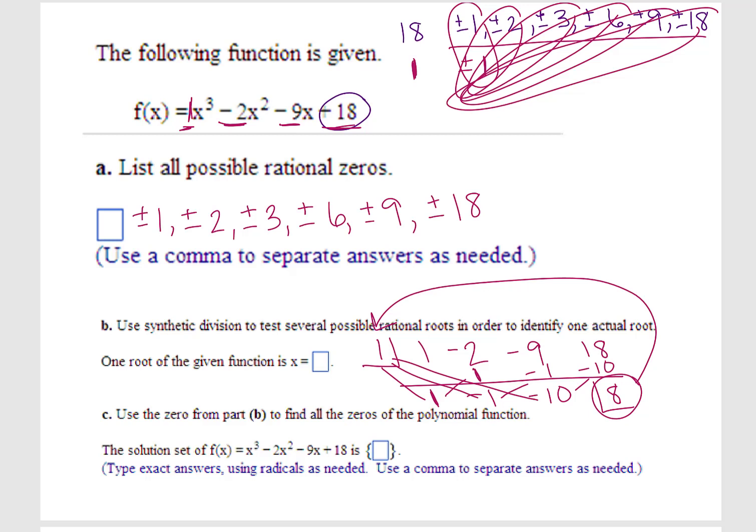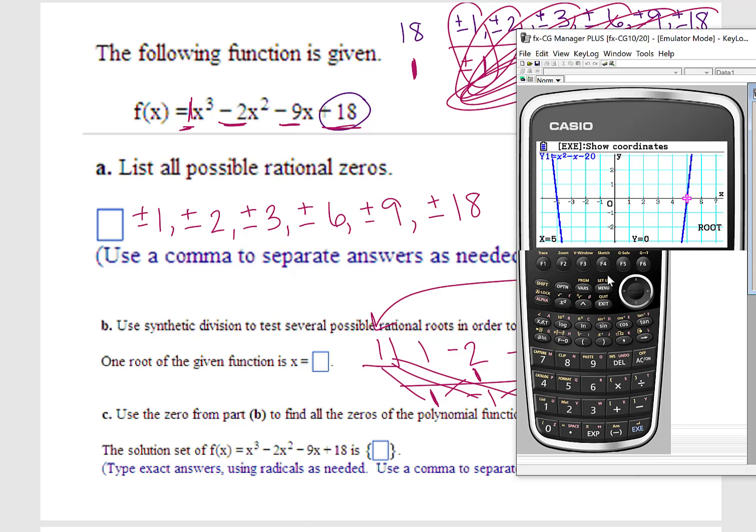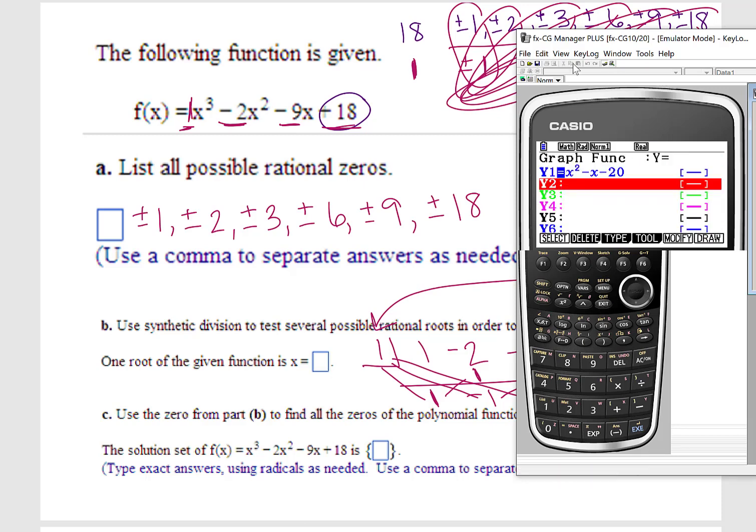Okay? So what they're asking me to do is to keep going down the list, to try negative 1, and then to try positive 2, and then try negative 2. Well, what if my solutions were at the very end of that list of possible rational zeros, right? That can be a very lengthy process. But if we just take our calculator and we enter this in, let me clear this out and enter it in.